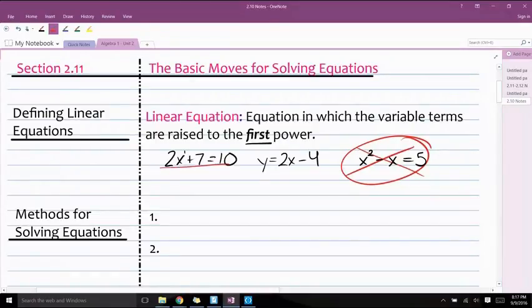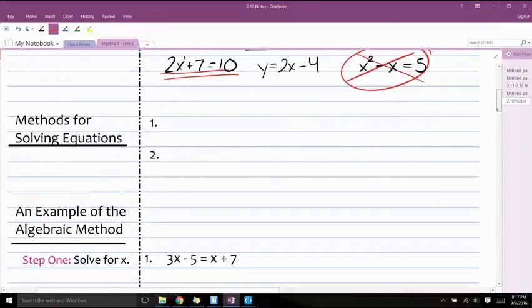What we're going to focus on in this lesson is solving linear equations like the first one. We've already talked about some ways to solve some linear equations. One method that we've used is backtracking. Backtracking has a lot of value.